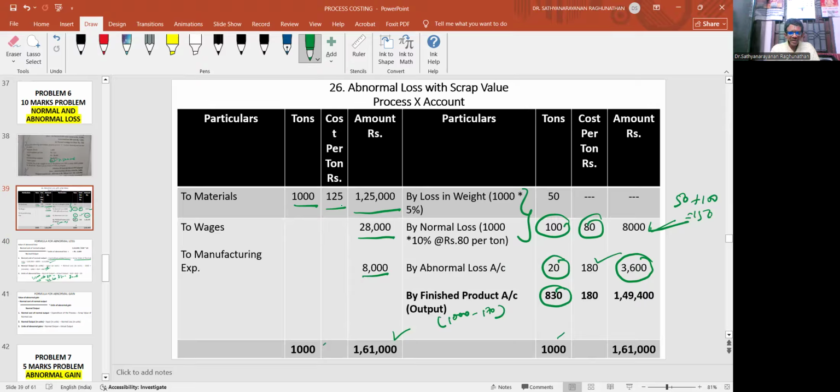And then here 1,25,000 plus 28,000, 1,53,000 plus 8,000, 1,61,000 minus this 8,000 plus 3,600, 1,49,400. So the balance amount is transferred to the finished product, 830 tons at rupees 180 each, for the value 1,49,400.